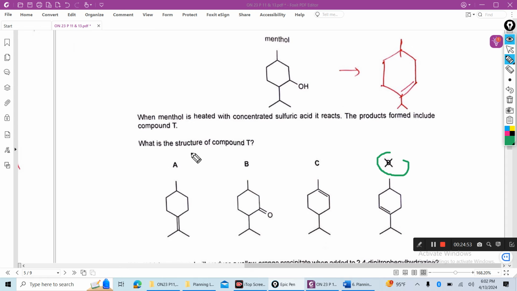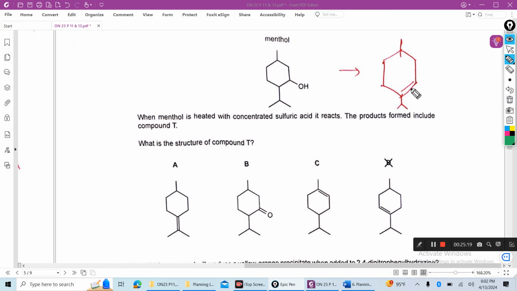You see, if this carbon loses the hydroxide group, and here one hydrogen is lost, water forms, so a double bond will be formed here. Now you see this double bond here, this molecule forms.